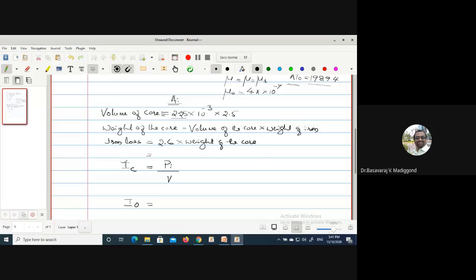So the volume of the core has to be net core area into length. That is 2.25 into 10 raised to minus 3 into 2.5.